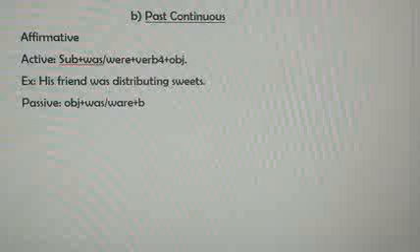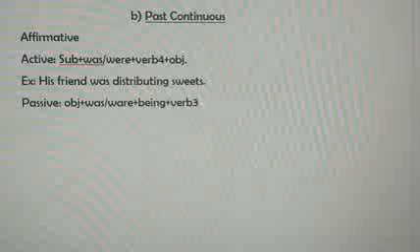Then after that we need to use being. After that we will use the same third form of verb as you already know. Then after that by, and then we will place the exact doer.